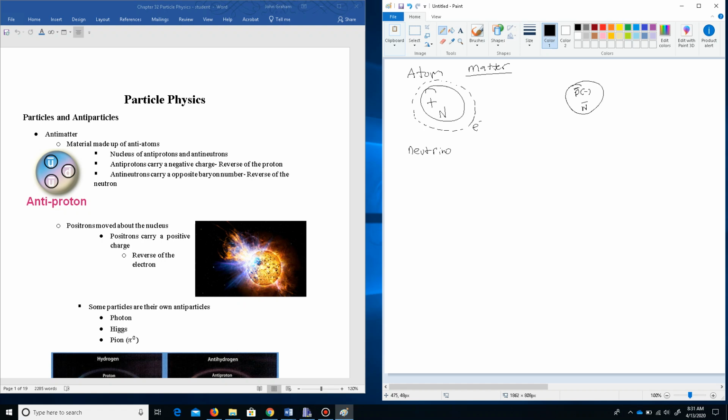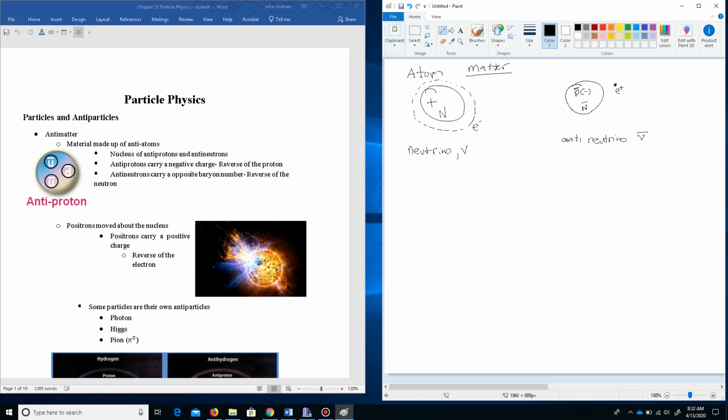And then you have the idea of, I'm not even going to make an orbit because it's not necessarily like that, but you have positrons on the outside. And then you also can have anti-neutrinos, which we've seen already as well. And this would be a V with a line above it, well, this is just a V.